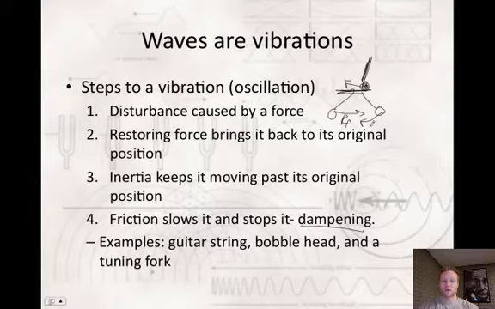Waves are very similar to that, and we're going to see a lot of similarities. Where we're going with this is we're going to start to talk about waves. But before we do that, we talk about some other, easier things to visualize in terms of simple harmonic motion, and pendulums and springs are some of those. My examples of this type of thing would be a guitar string.